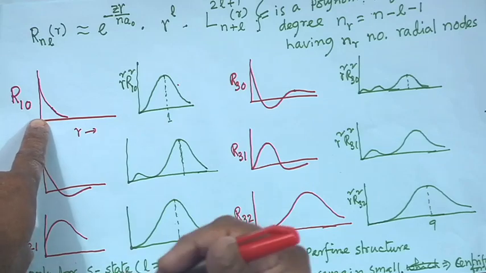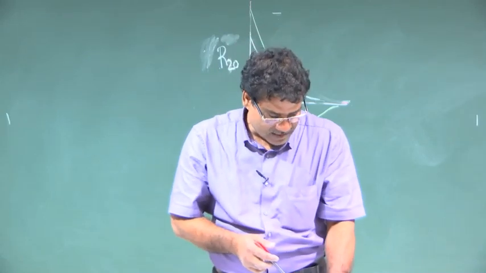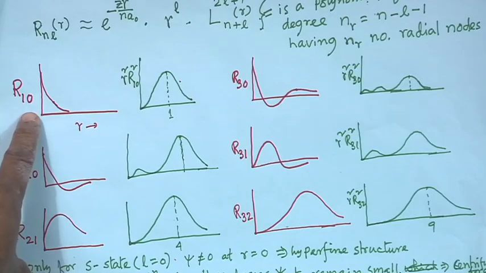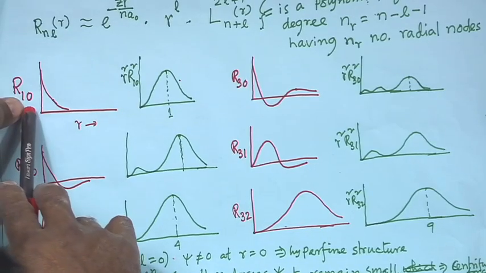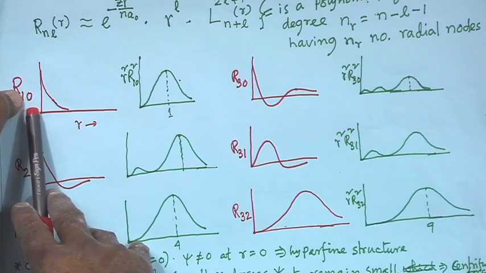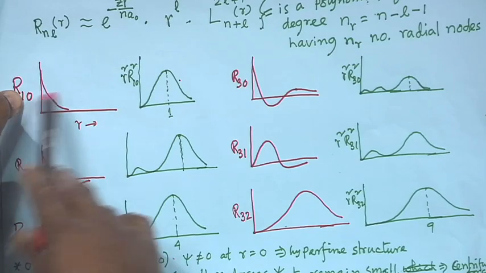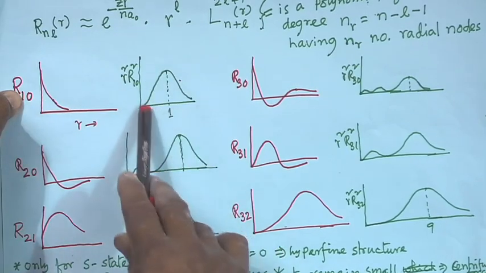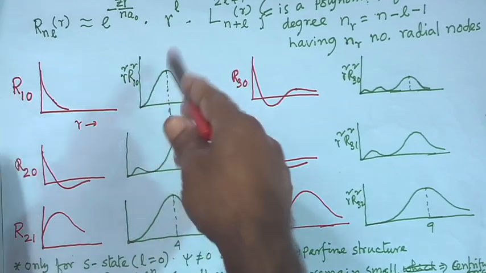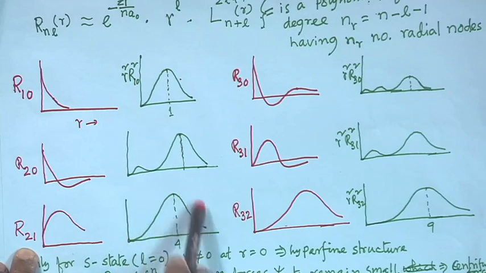So, for a particular value of n, the maximum value of L is n minus 1. For n equal to 1, L equal to n minus 1, so 0. It has only one maxima.